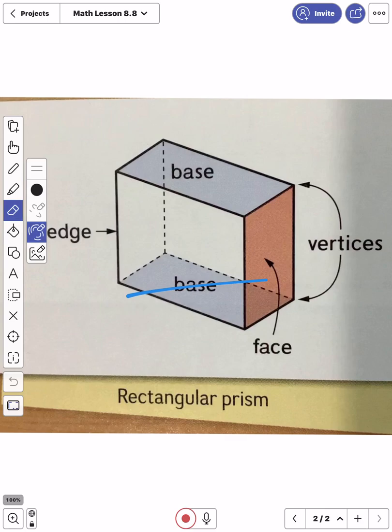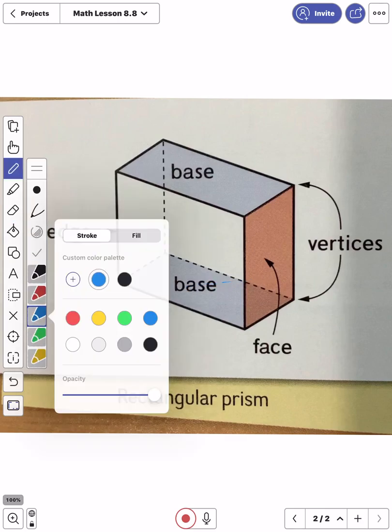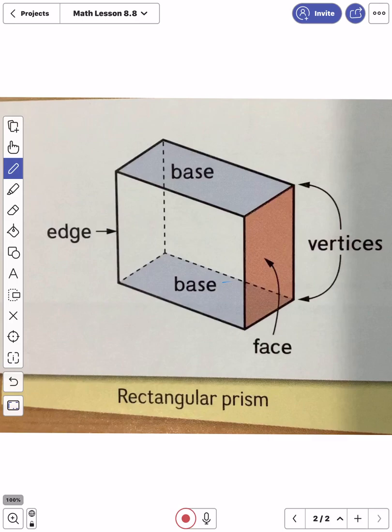It is a rectangular prism. And the reason it's a rectangular prism is because the shape of the base, the side it's sitting on, is a rectangle. So we're going to call it a rectangular prism. It, of course, also has faces. How many faces does this rectangular prism have?